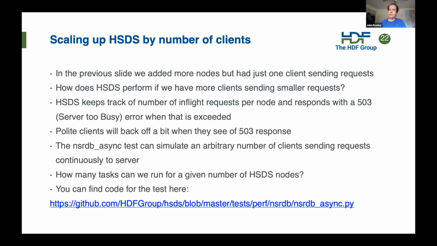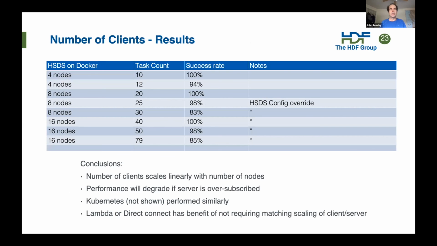At some point, HSDS will say, hey, too much work, and it'll reject requests with a 503 response. You can address that by increasing the number of nodes in HSDS. And so how does that scale? How many clients can you support with a given number of nodes? And the results are here.